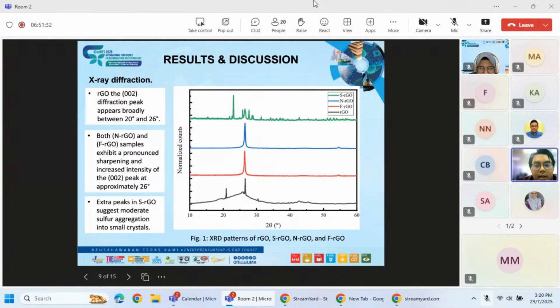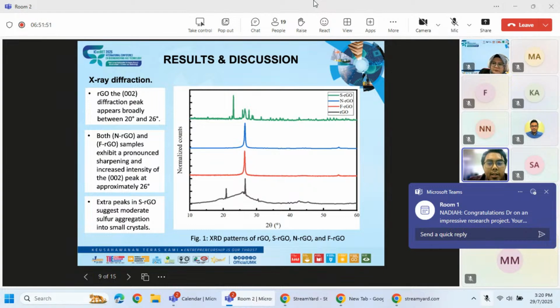The sulfur doped graphene displays an extra peak, suggesting the formation of small sulfur-containing crystalline regions. In summary, nitrogen and fluorine improve structural order and conductivity, while sulfur introduces complex structure that may boost electrochemical activity but could reduce the stability.